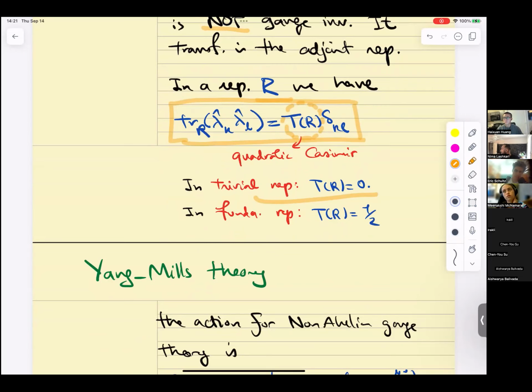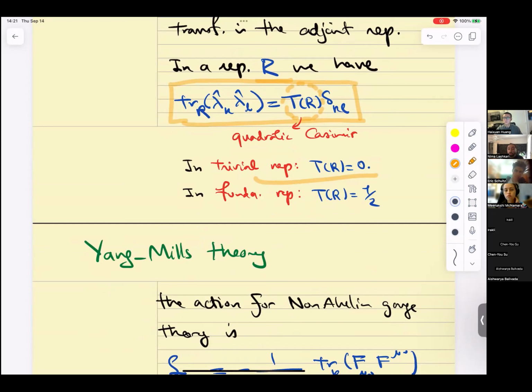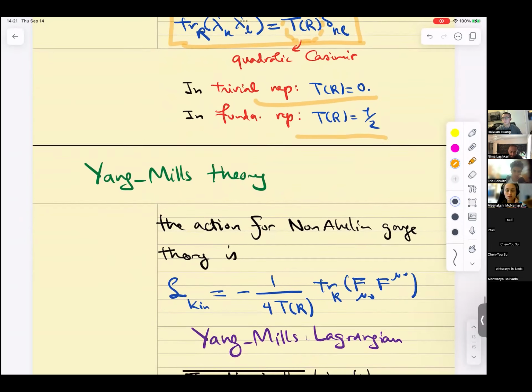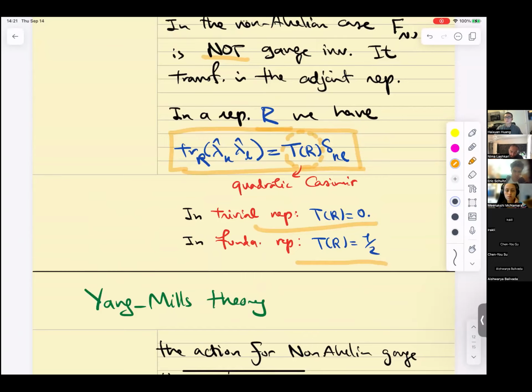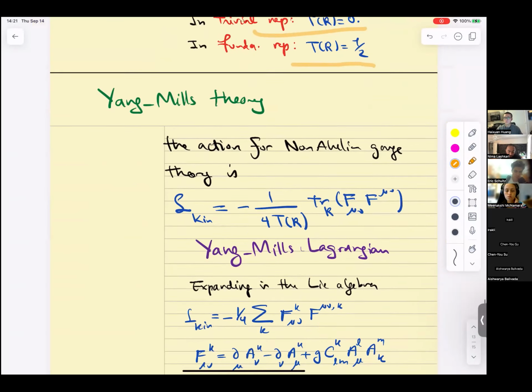Sorry, I'm being slow. Yeah, it's 0. Yeah, of course it's 0. In the fundamental representation, I told you that we often normalize using coefficient half, right? That's just convention. It's convenient. But in general, there will be something that's called the quadratic Casimir.